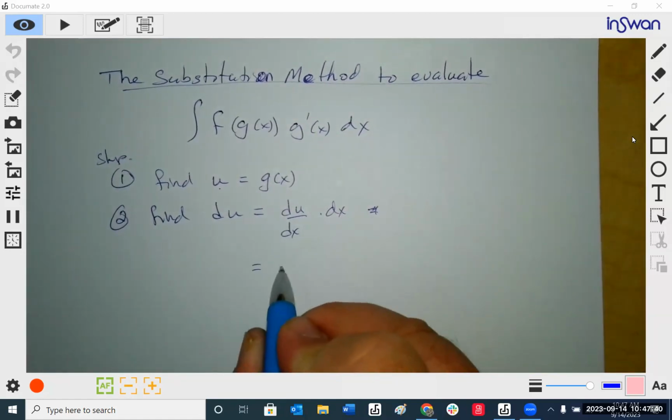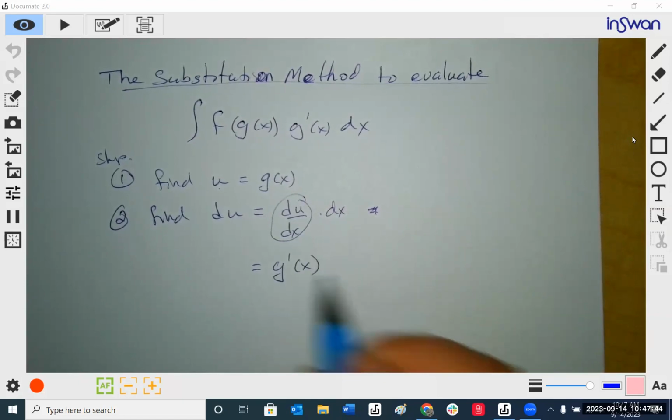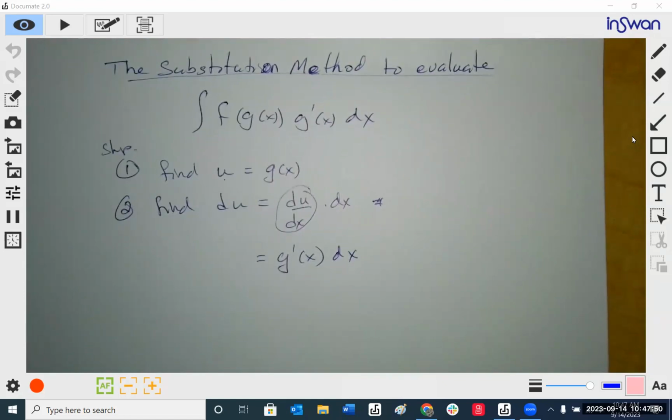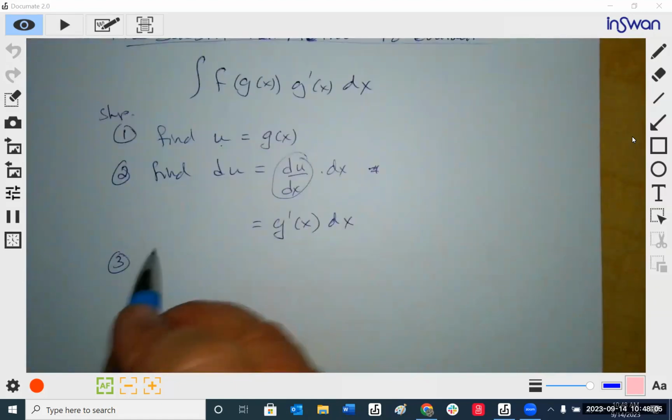So this is g prime of x dx. So what does that give us?